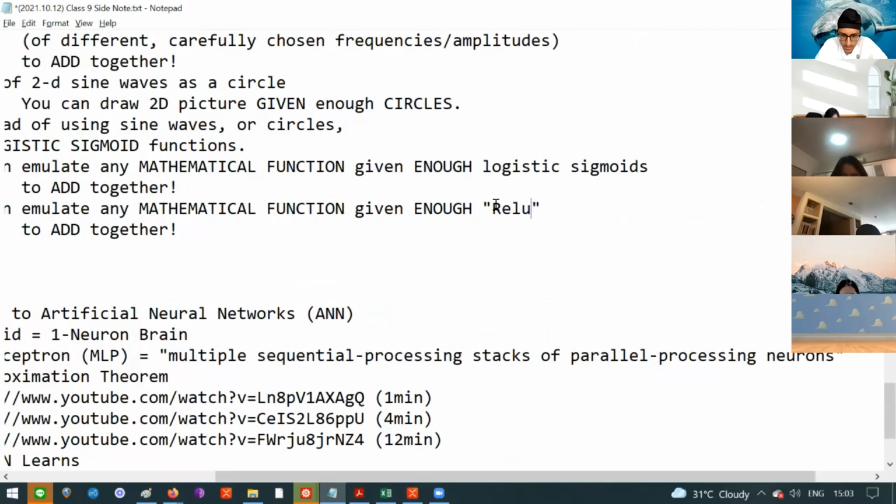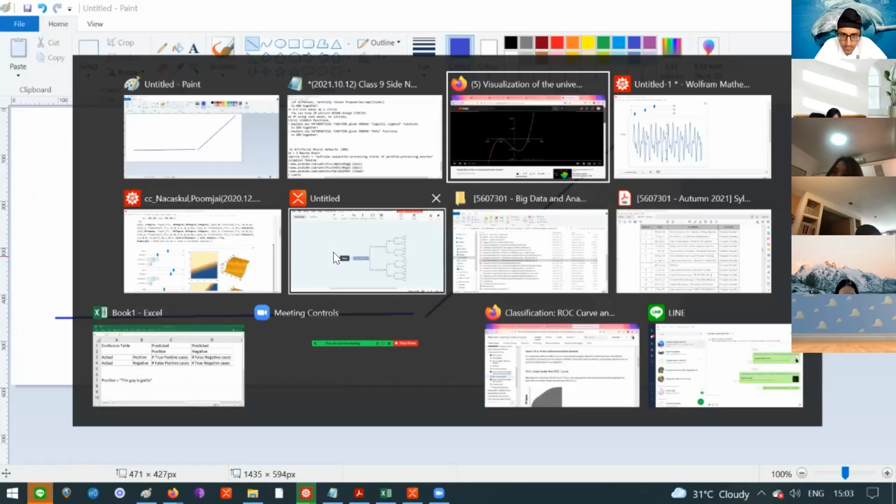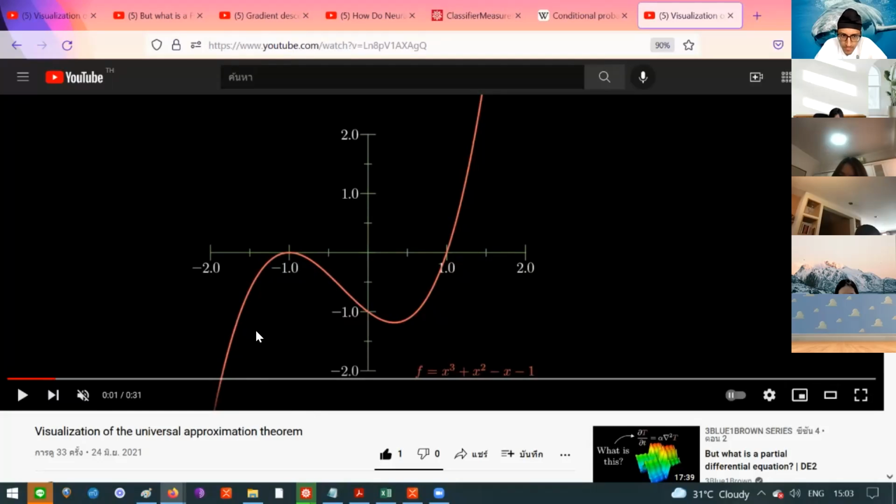ReLU. Never mind. You can do this. The concept here is this, but the video I'm going to show you uses this. So that's why it's a different function. So don't worry.